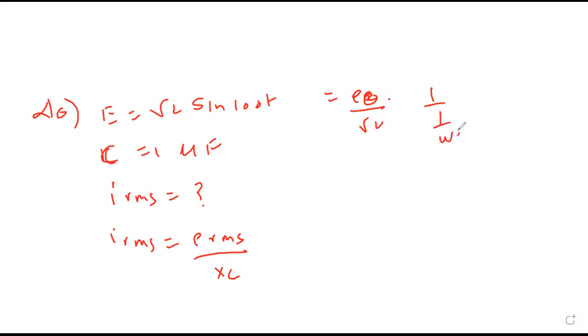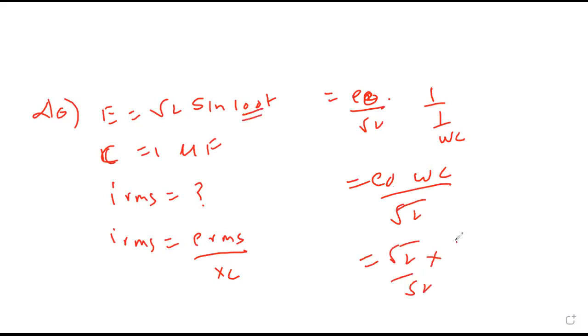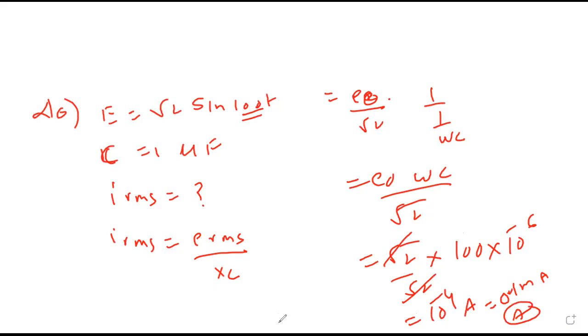XC is 1 upon omega C. So E0 omega C upon root 2. Root 2 upon root 2, omega is the coefficient of t, 100. C is 1 microfarad, so 10 raised to minus 6. 10 raised to minus 4 ampere, which is the same as 0.1 milliampere. Option A.